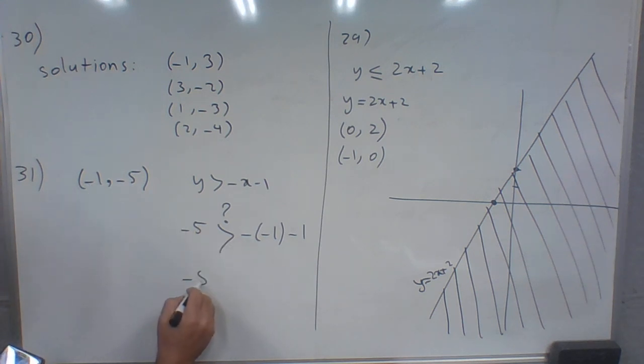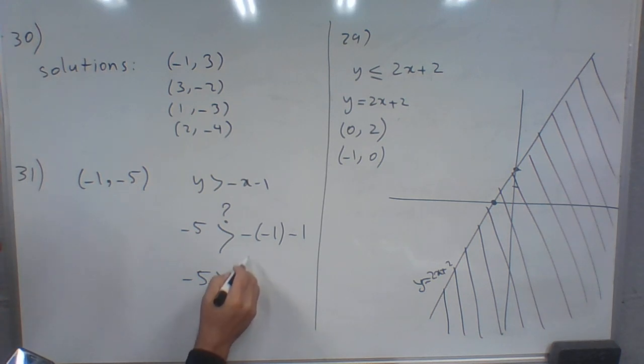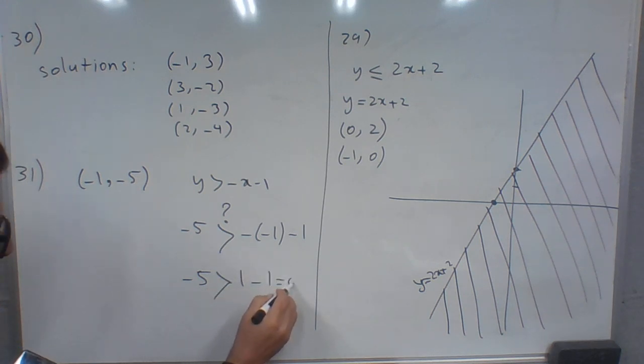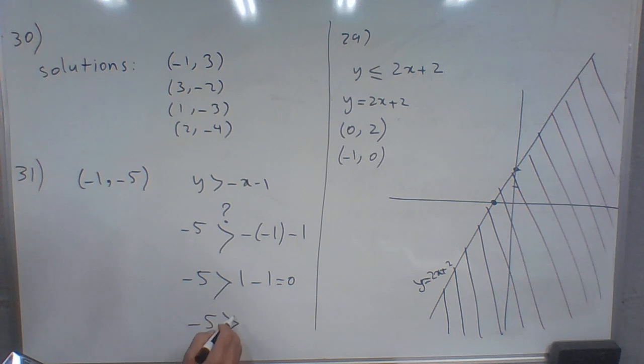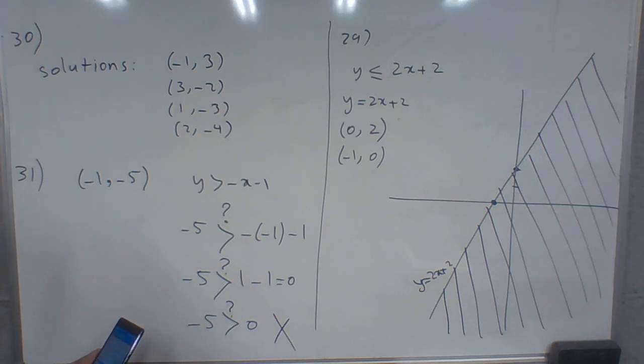So is -5 greater than 1 minus 1, which is 0? Is -5 greater than 0? This is wrong, because -5 is less than 0, so it is not correct. So (-1, -5) is not a solution of the inequality. The answer is no.